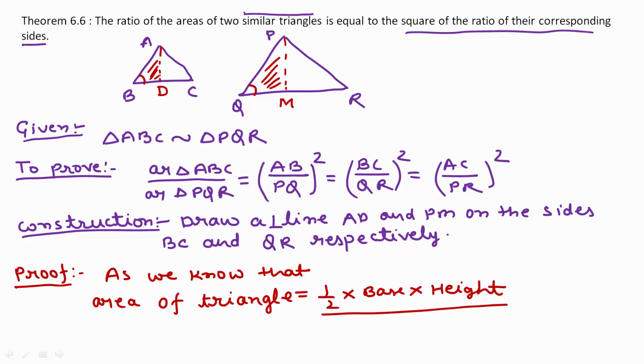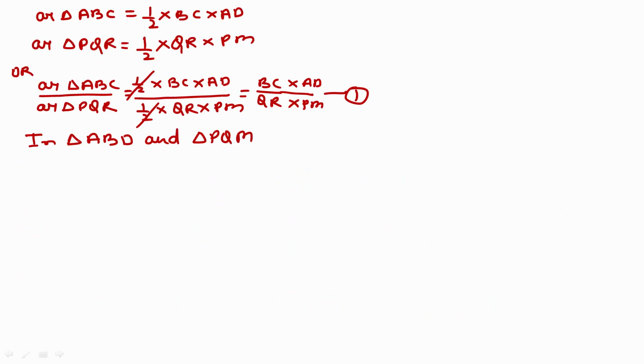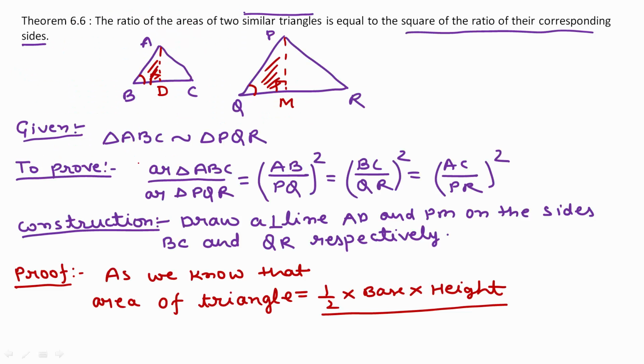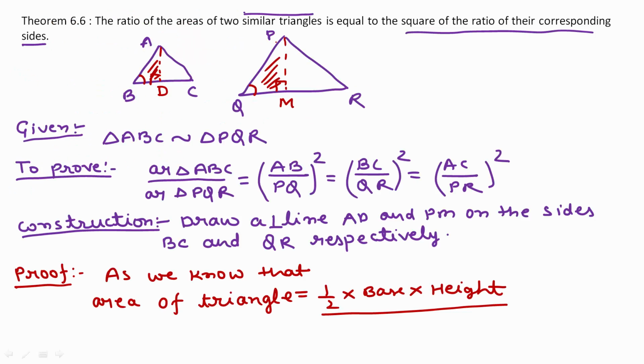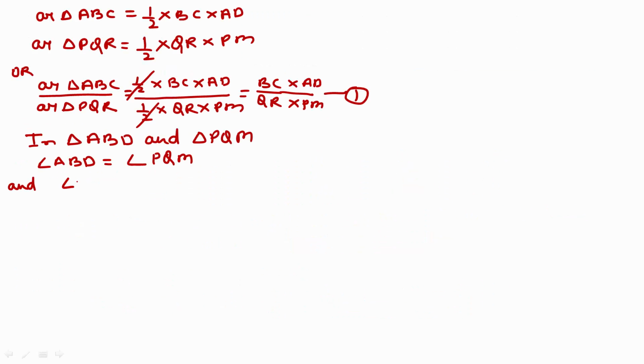Second, AD is perpendicular to BC and PM is perpendicular to QR, so angle ABD is equal to angle PQM, and angle ADB is equal to angle PMQ, each 90 degrees.